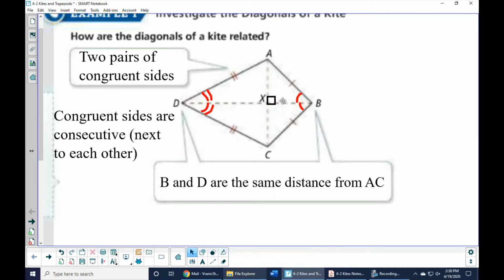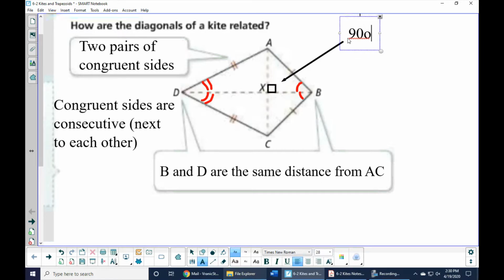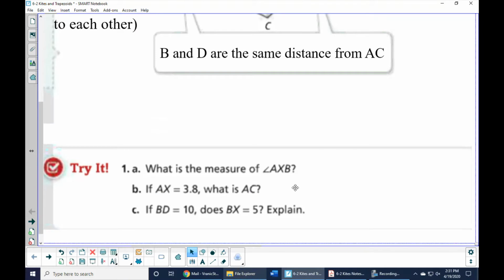It has a box, which we know is named a right angle. So that means that angle is how many degrees? I didn't hear everybody, but maybe that's just because it's Sunday afternoon for me and you're watching this a different time. But it's 90 degrees. That's the answer. Okay? So in a kite, the angles that are in the middle are always 90 degrees.